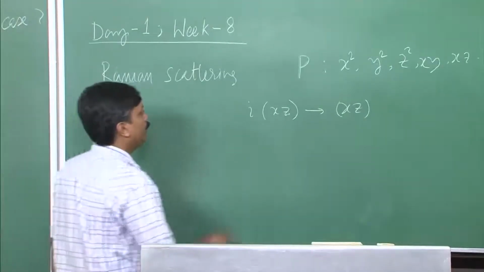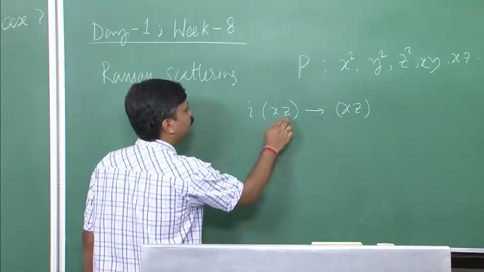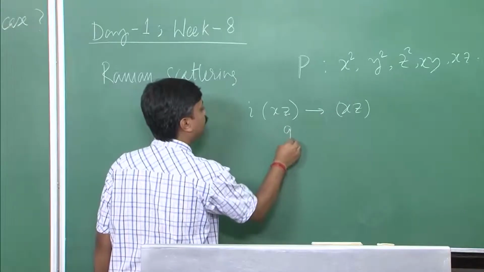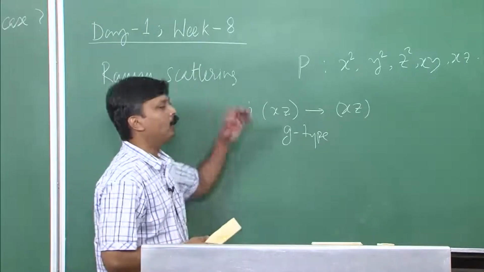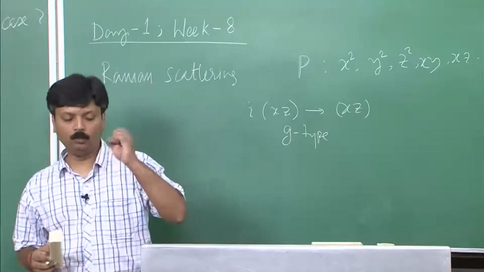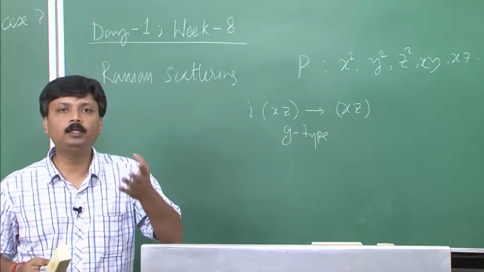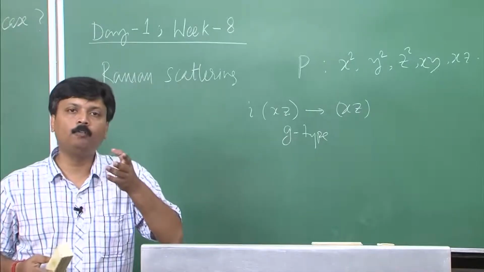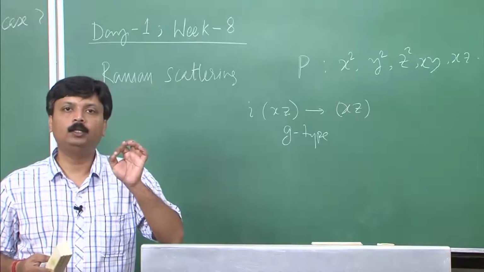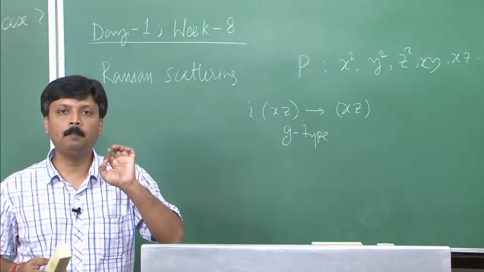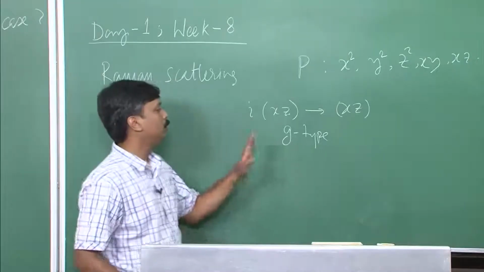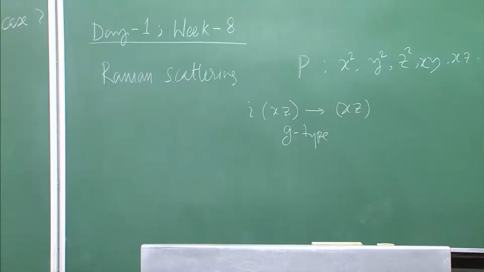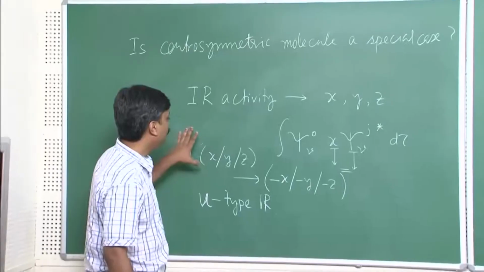Therefore these functions are of G type, meaning that in order to show a Raman transition, a Raman spectrum for any particular vibrational transition, the involved normal mode must belong to G type of symmetry.